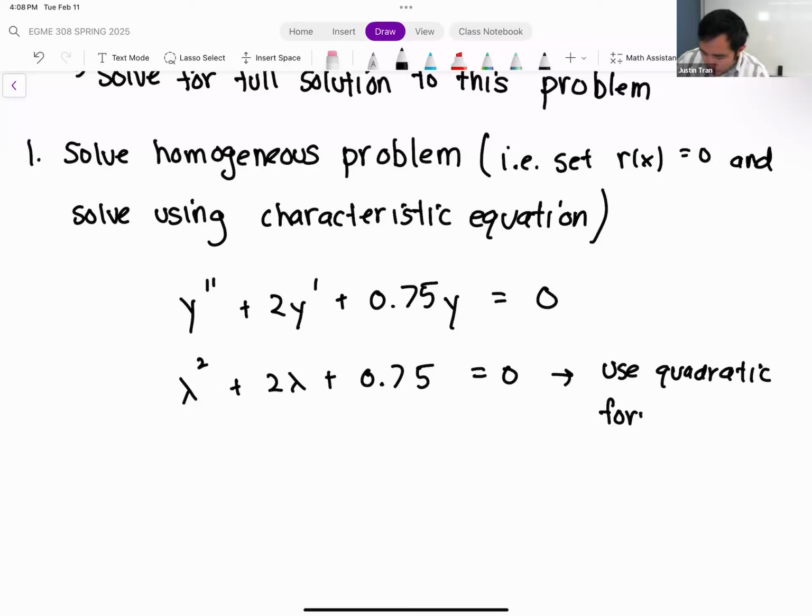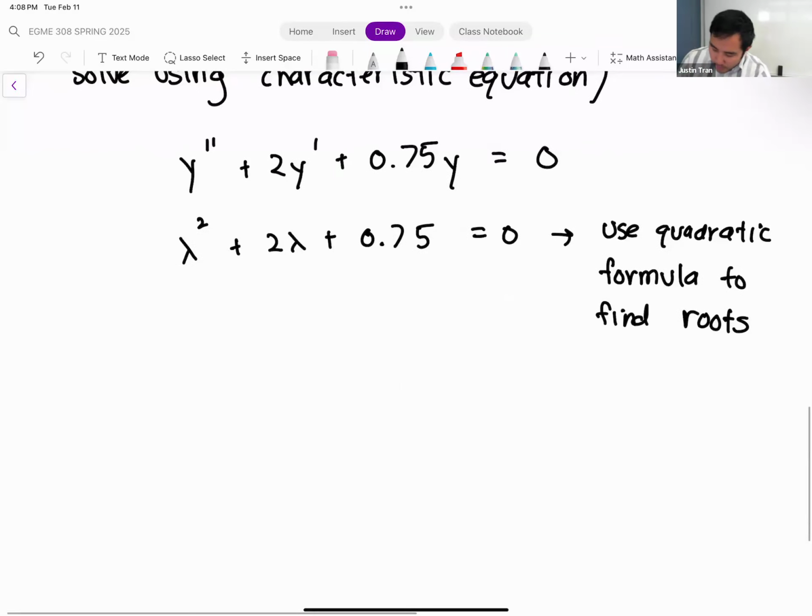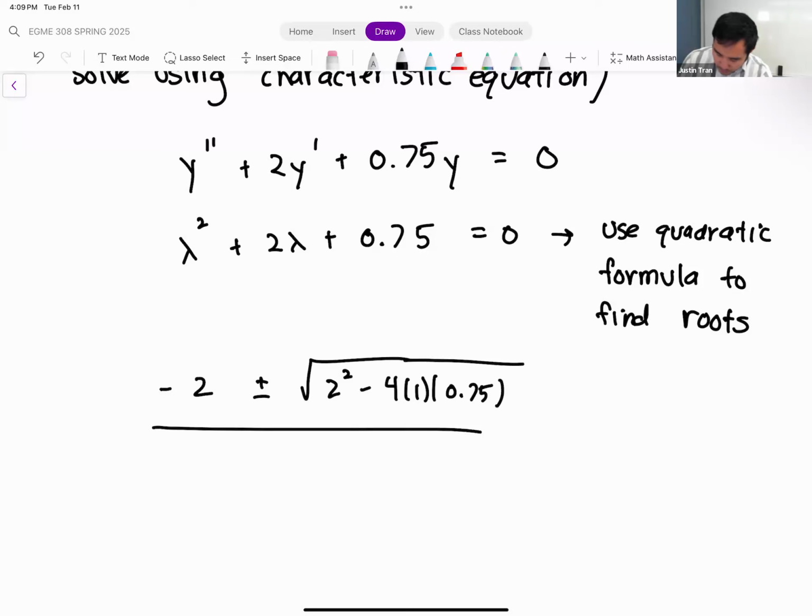So let's use our quadratic formula to find the roots. Okay. All right, so our quadratic formula in this case is -2 plus or minus the square root of 2 squared minus 4 times 1 times 0.75, all divided by 2. And this is lambda 1, lambda 2.